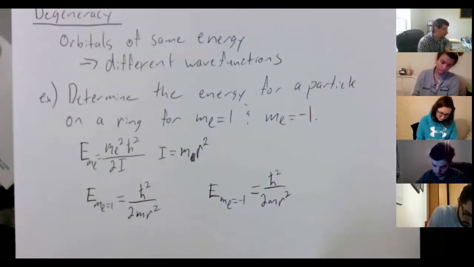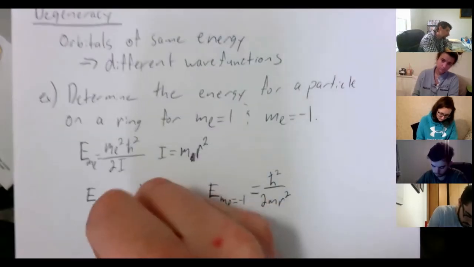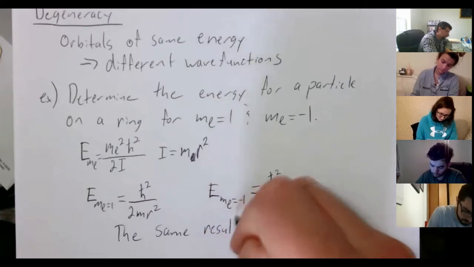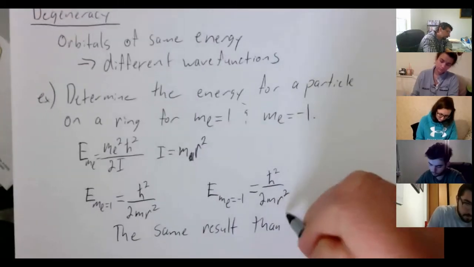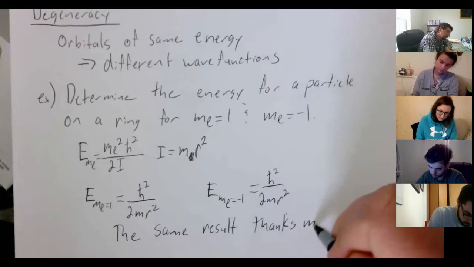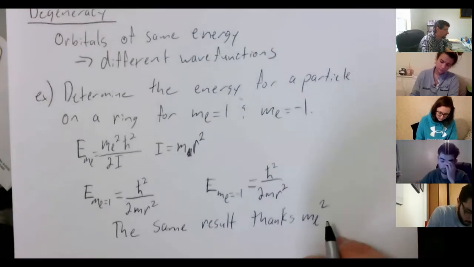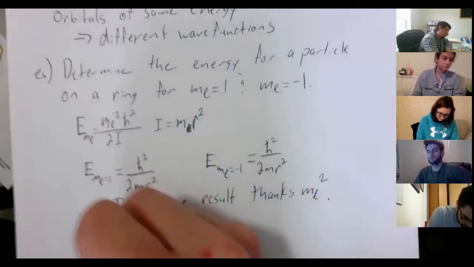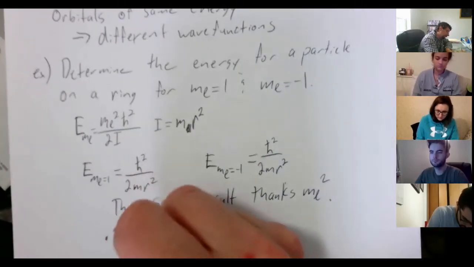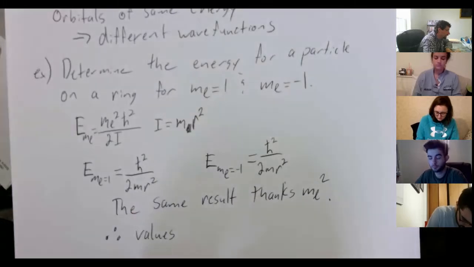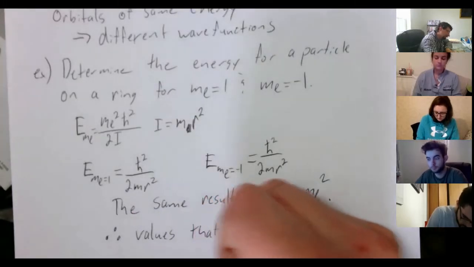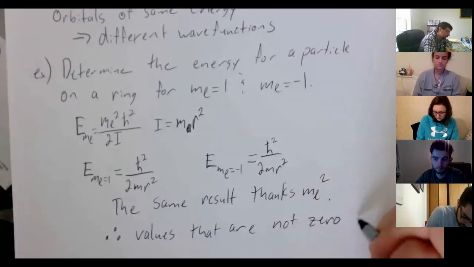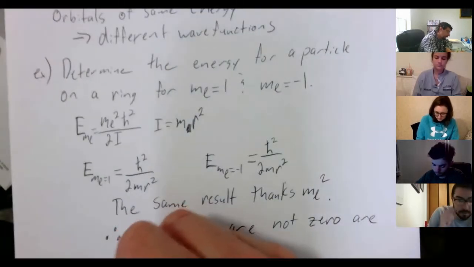Thanks to that ML squared part, a lot of these are the same, so we get the same result. So therefore, values that are not 0 are doubly degenerate.